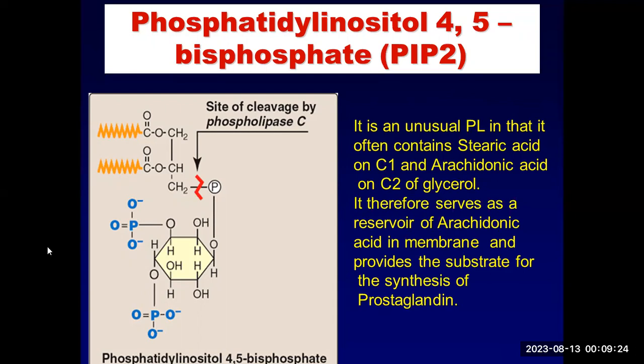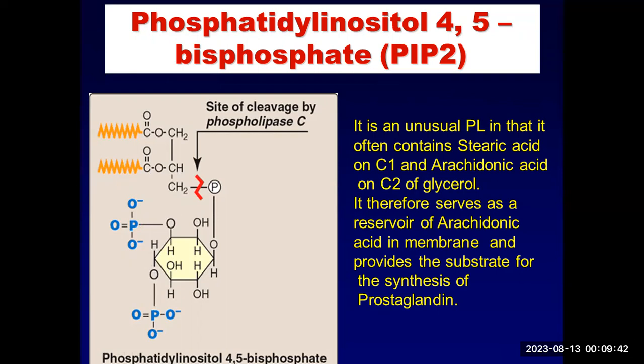So in this case, you can see right here, the phosphates are attached to 2 different carbons, carbon number 4 and carbon number 5. And therefore, we can call it a bisphosphate.